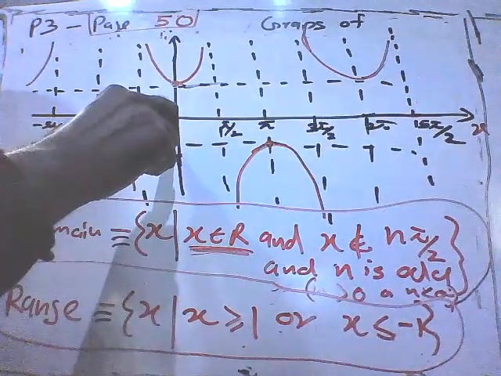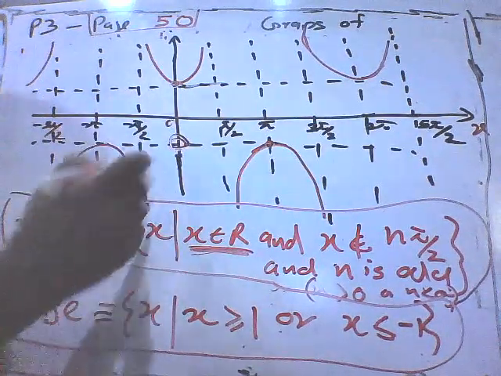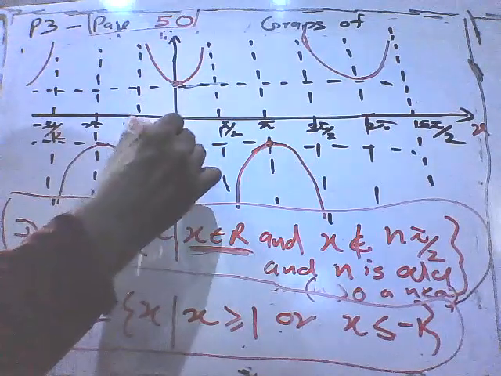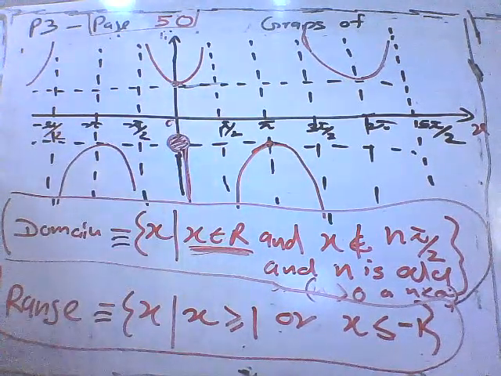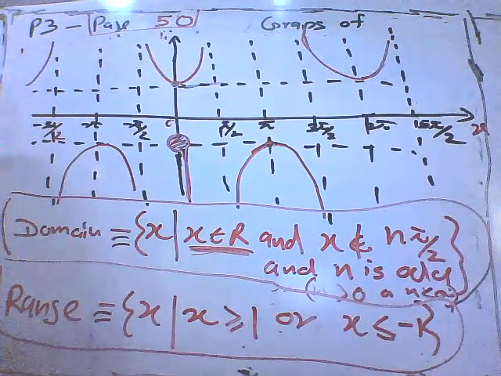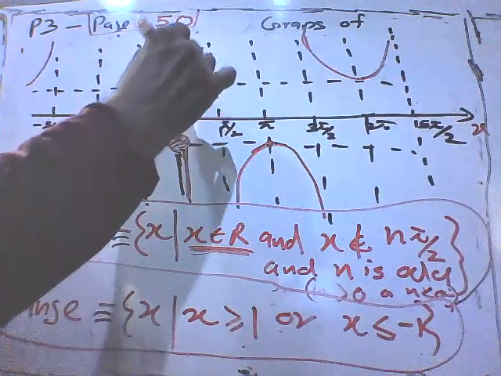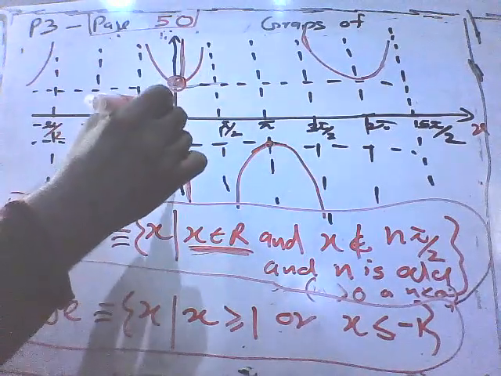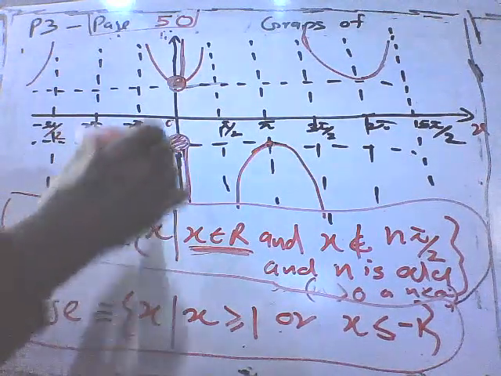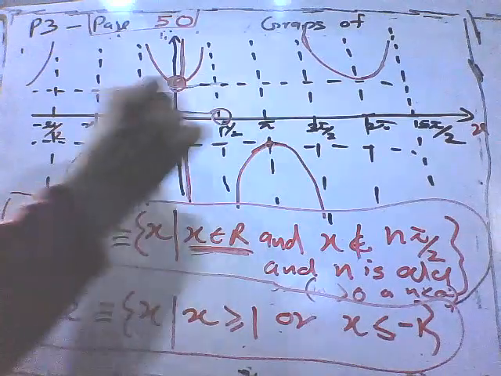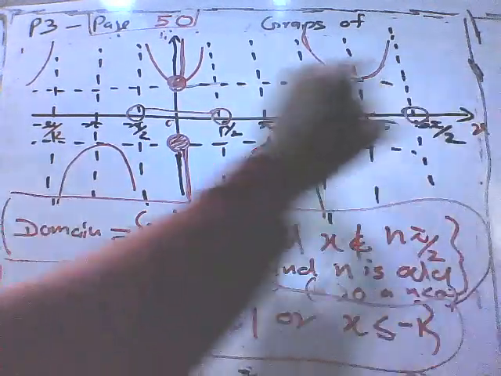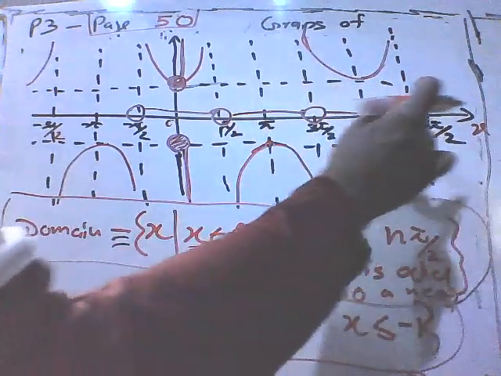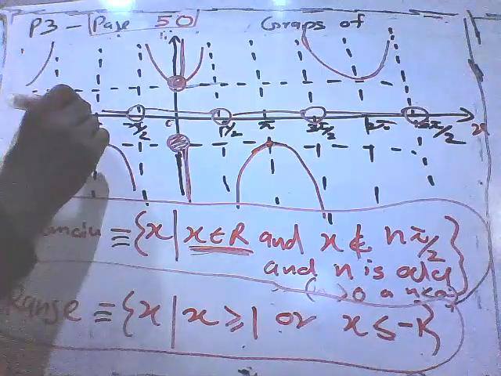If you project it, you will see a line like this, and this would be shaded. And if you actually draw the domain, it will be like circles, these circles are not shaded, like this and this way. So this is the shaded part. Now exclude these values, and all the rest are the domain.